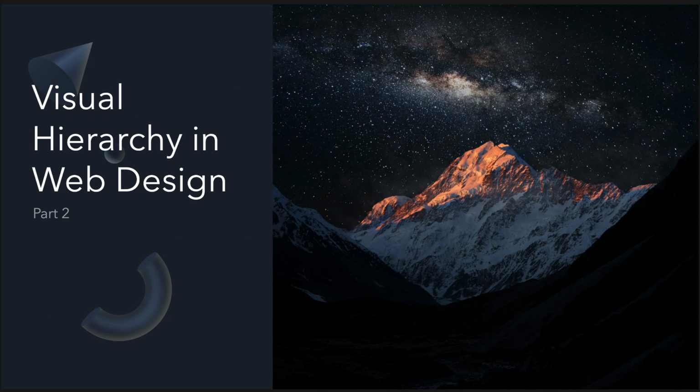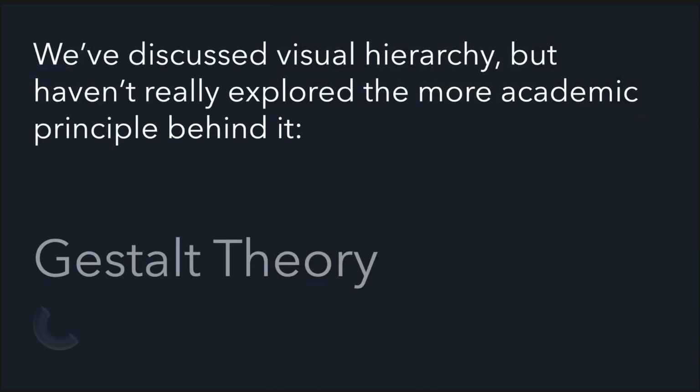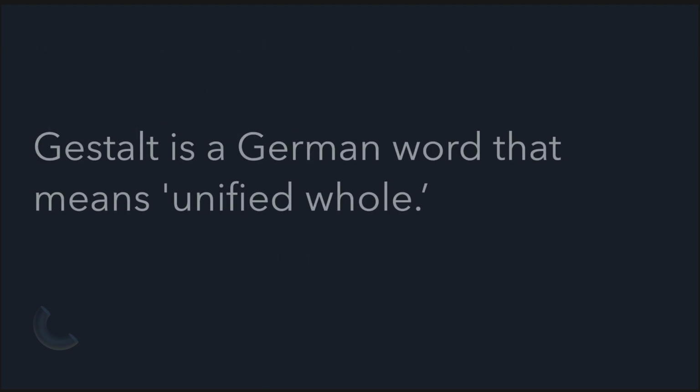and we are now going to talk about Gestalt theory. So we've talked visual hierarchy, but we haven't really looked at the principle behind it. Why do all those things work? Essentially, Gestalt is a German word that means a unified whole.